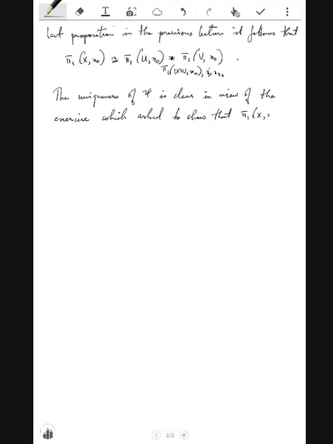So the uniqueness of psi is clear in view of the exercise, which asked to show that pi 1 of X, X naught is generated by the subgroups J1 pi 1 of U, X naught and J2 pi 1 of V, X naught.